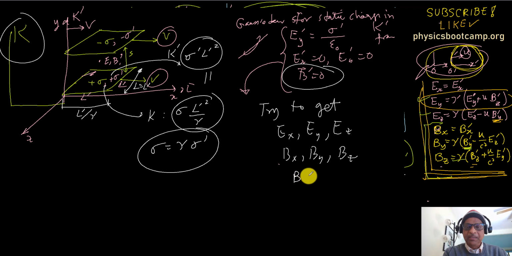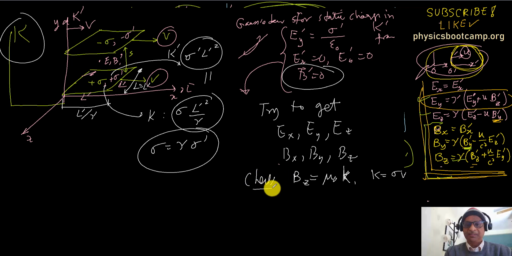I think I'm going to write down Bz. Bz equals mu naught K, where K is the current density. K equals sigma v. You are going to get this. Check.